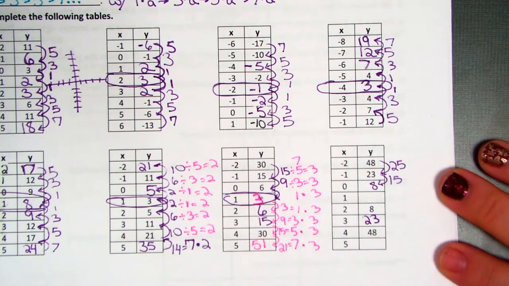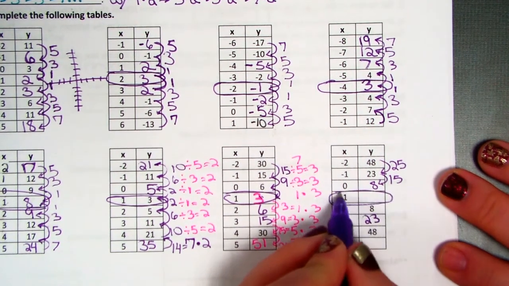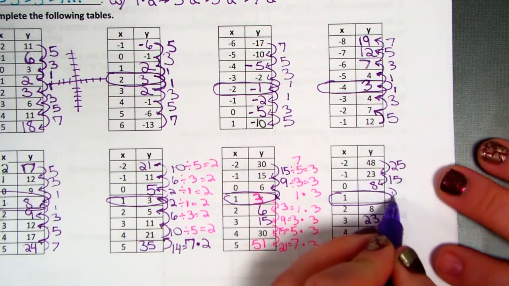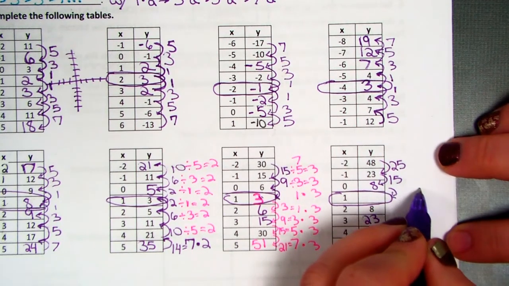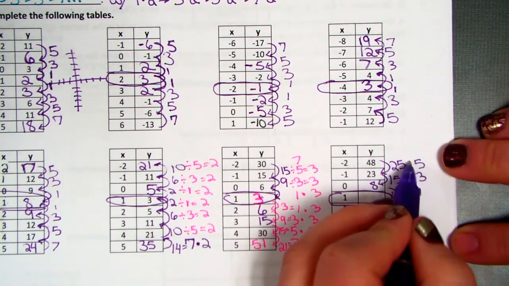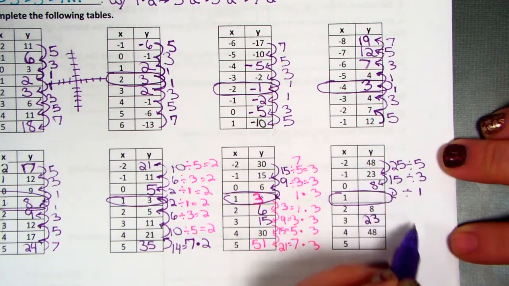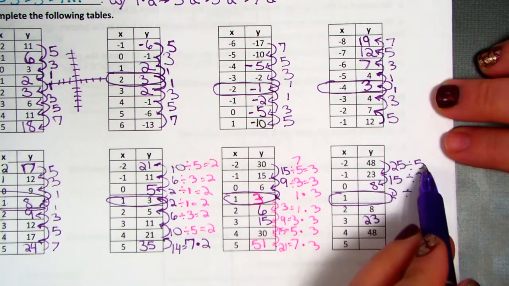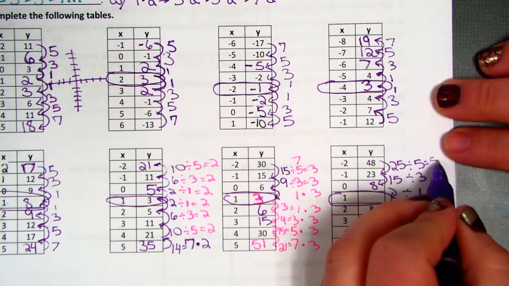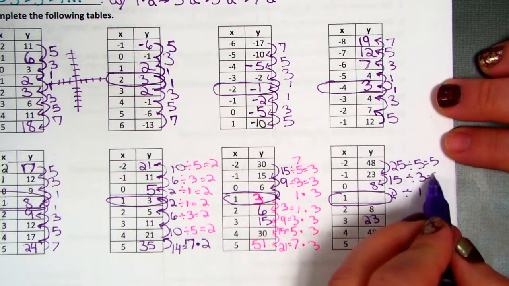So we should have followed the 1, 3, 5 pattern. So 25 divided by 5 gave me 5. 15 divided by 3 gave me 5. So that means that this is going to be a difference of 5.